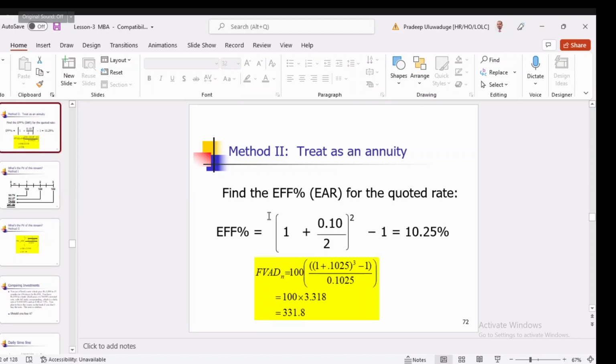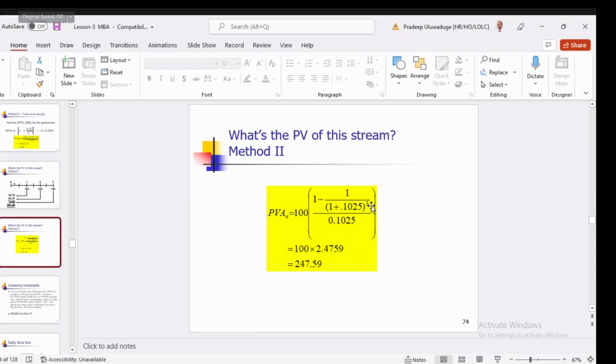Present value of annuity equals C, the cash flow, times 1 minus 1 over 1 plus R to the power n, divided by R. So R is 10.25%, and 100 is the periodic payment.